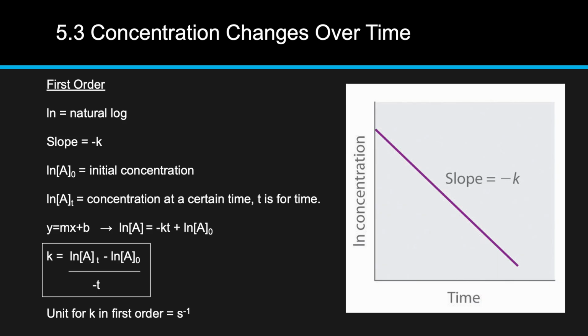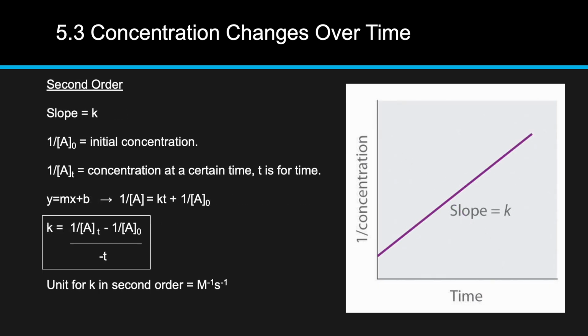Then we can take that integrated rate law from your reference sheet and manipulate it to solve for k, or we can solve with a graph using slope. And then finally, just remember for first order reactions, the units for k is just 1 over the time, or time to the negative first.